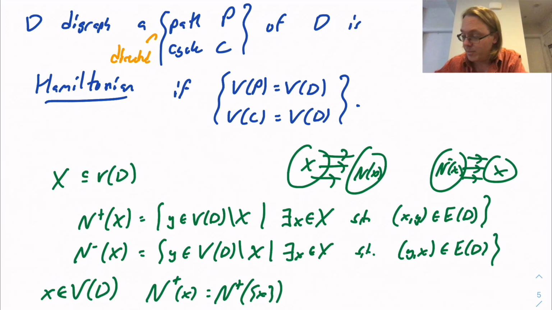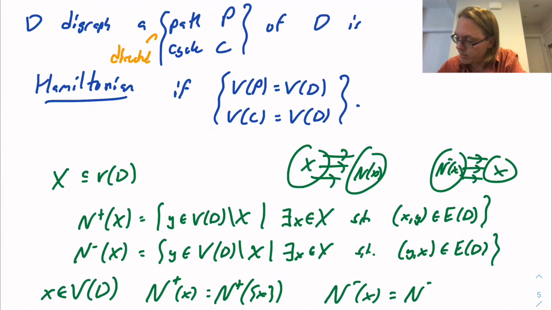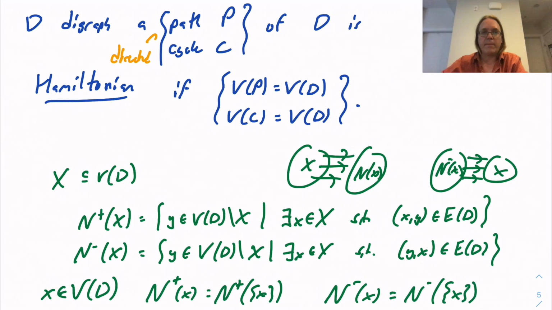You see how bad I am at drawing curly braces here. You see why I don't want to do it any more than I have to. Okay, so out neighbors and in neighbors. We had the notion of neighbors before. If I asked you to define out neighbor in the setting of a digraph, you would have come up with something similar. This is kind of the obvious.